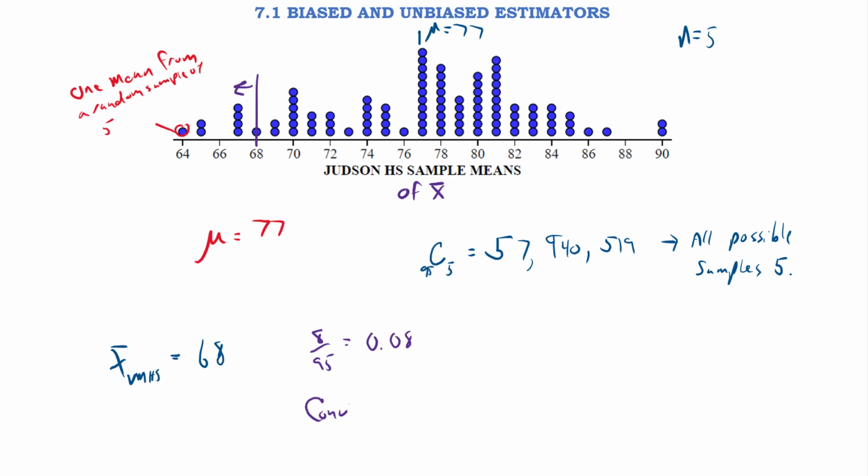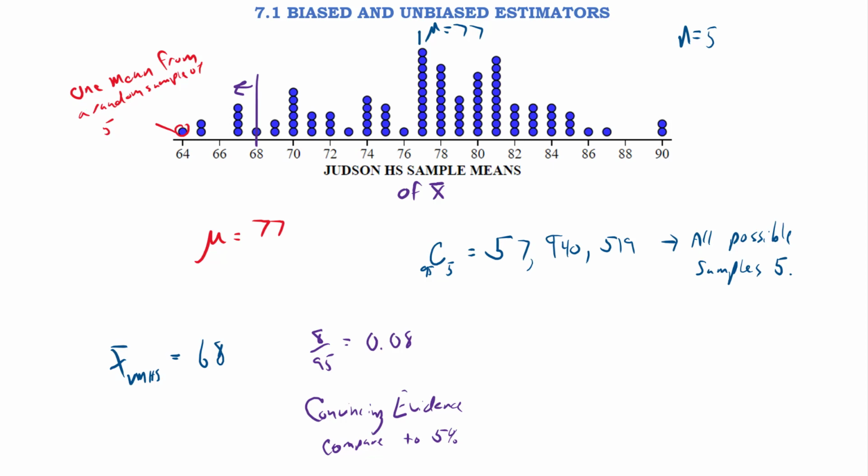So for convincing evidence, you need to compare to 5%. In this case, if it was less than 5%, then yes, we would have convincing evidence.